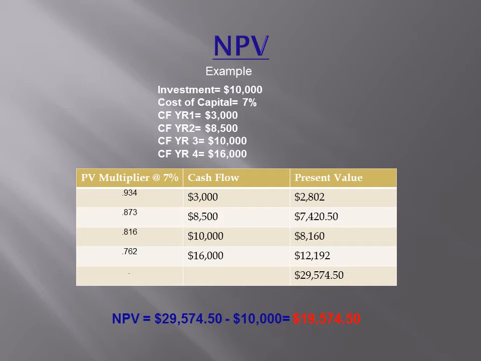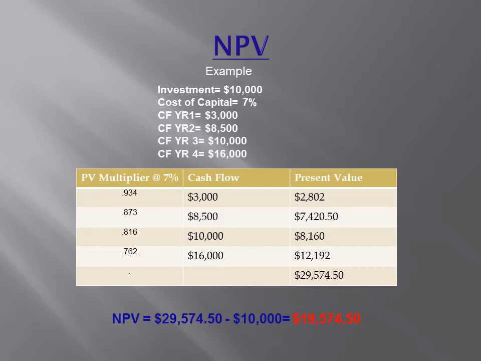You would take that multiplier, multiply that times your cash flow, which is $3,000, and that would give you your present value. You would do the exact same thing for year 2, year 3, and year 4. You would add up each value from each year to get a total present value.